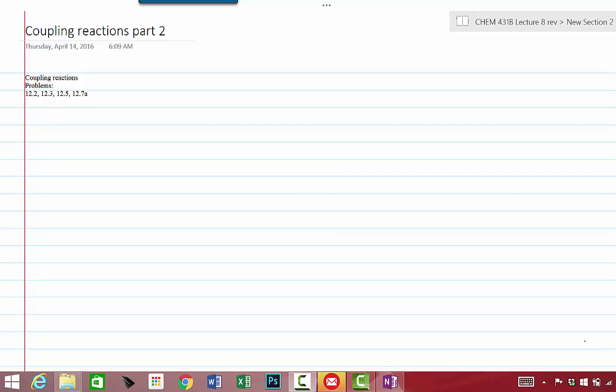We had wanted to figure out how to go from glucose 1-phosphate to glucose 6-phosphate at 25 degrees Celsius, and the question is, what is K equilibrium?